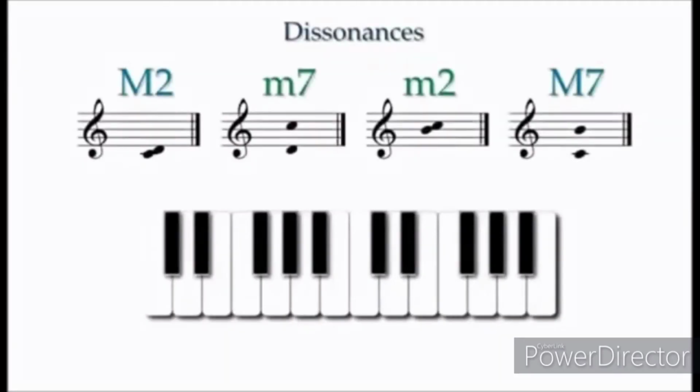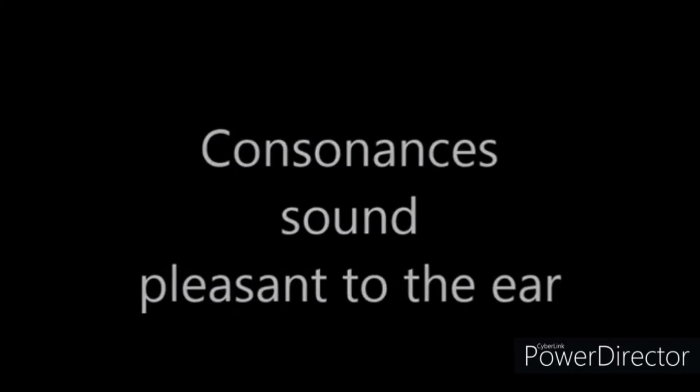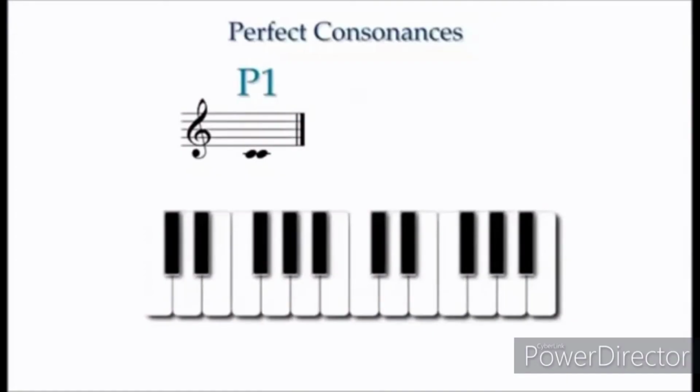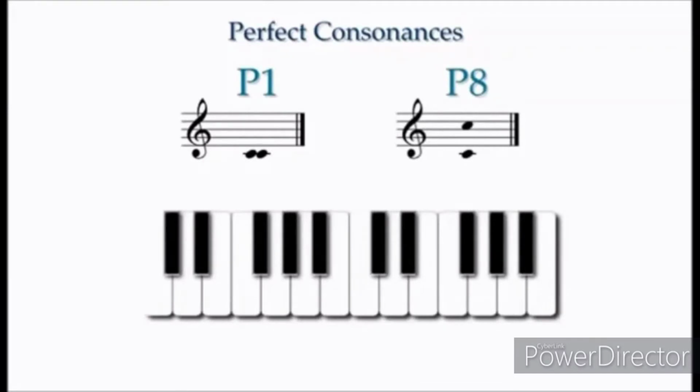Seconds and sevenths are the dissonant intervals and sound rather unpleasant as note pairs. The most perfect consonance is the perfect unison, followed most closely by the perfect octave.